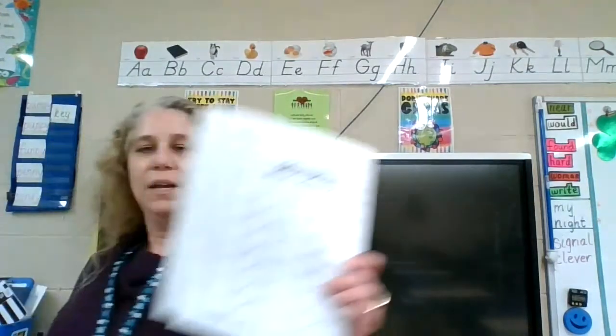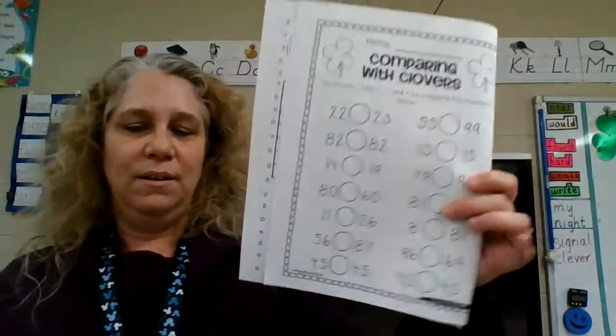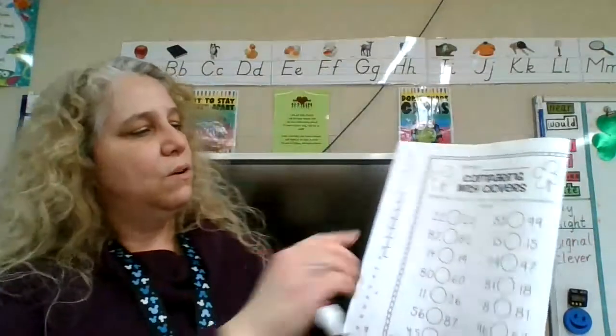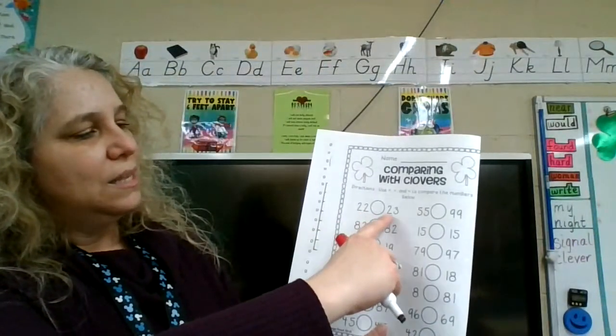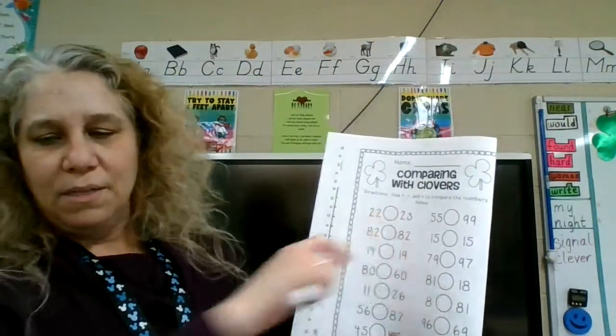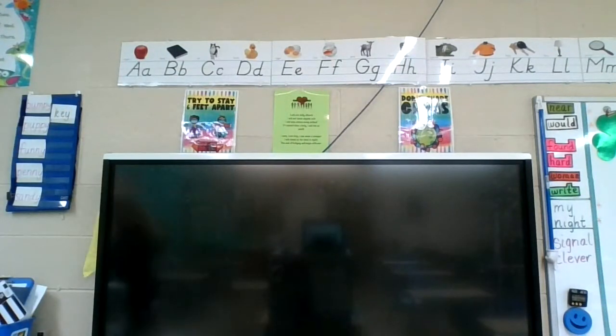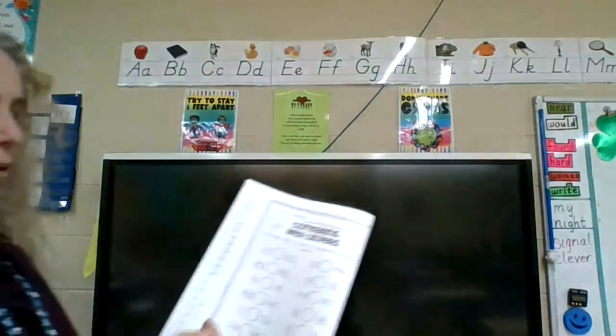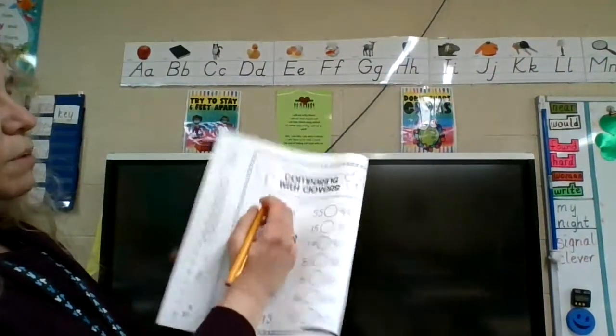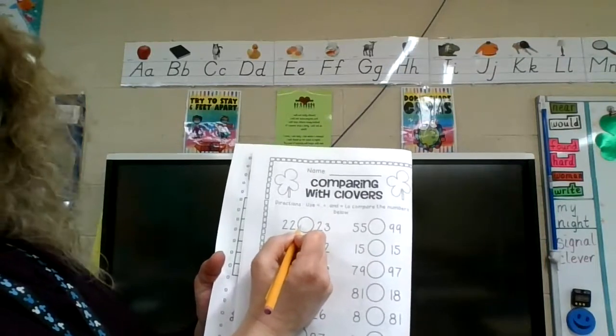All right, so that is how you do greater than less than if you want to give it a shot and try. So 22 is less than 23, so the point would go by the 22. I'm going to put the dot by the 22.